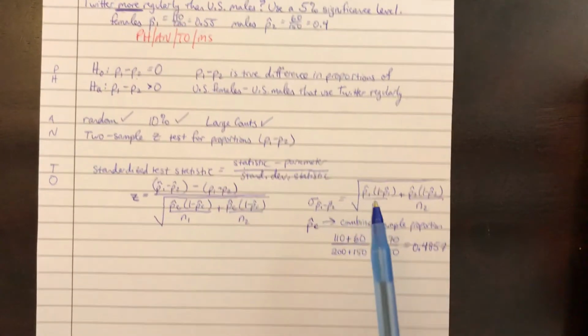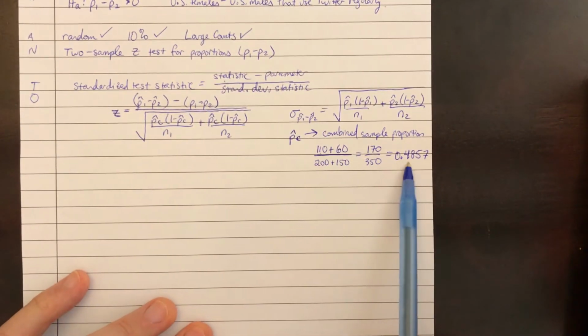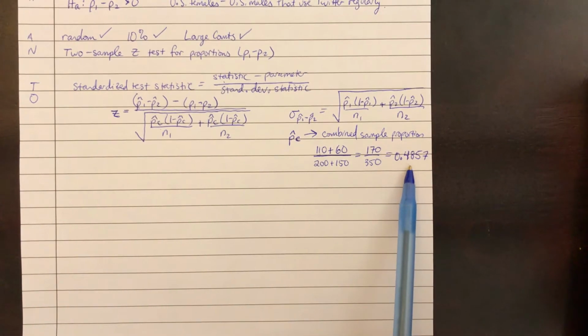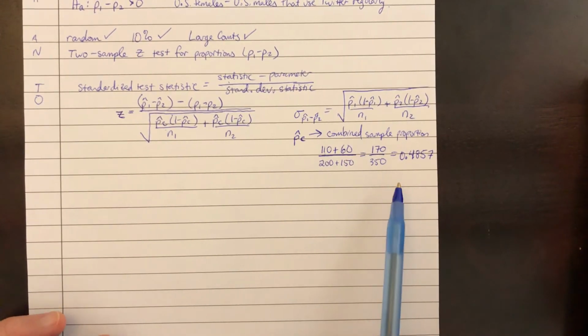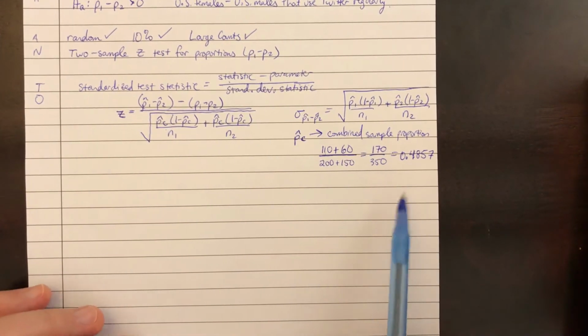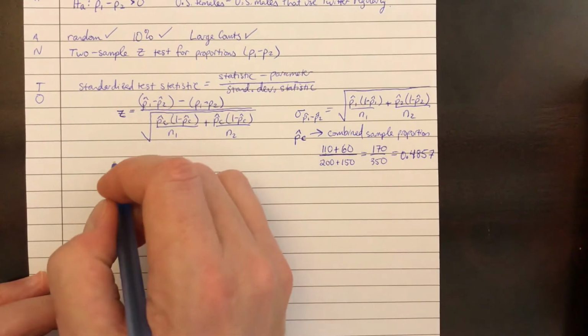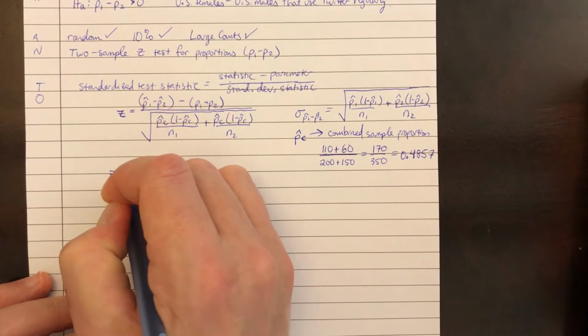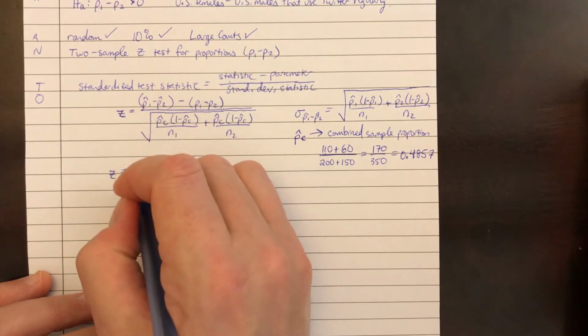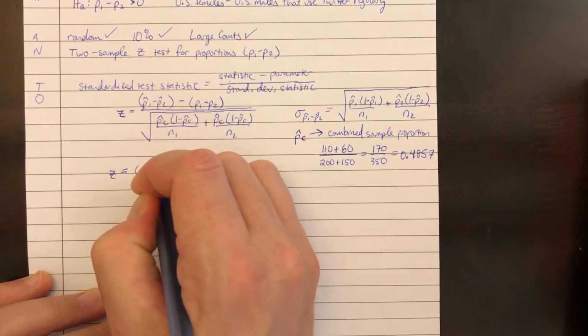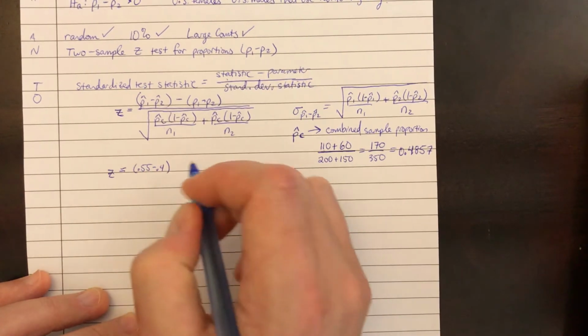And you'll notice that that value is between the females and the males. So what we're doing here is estimating this sample proportion because, again, in the test, we're assuming that these are the same. So we're going to use this. All right, so now we substitute our values, and again, this is a mess. So z equals p hat 1 minus p hat 2, that was for females 0.55 minus the proportion of males 0.4.